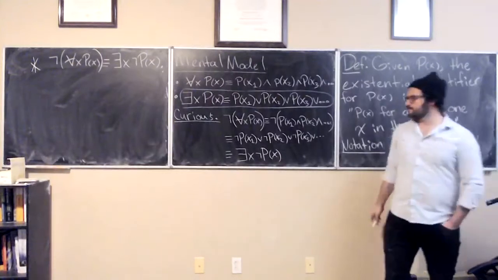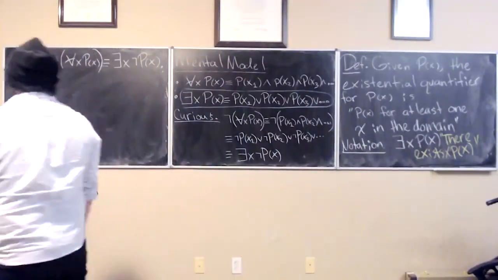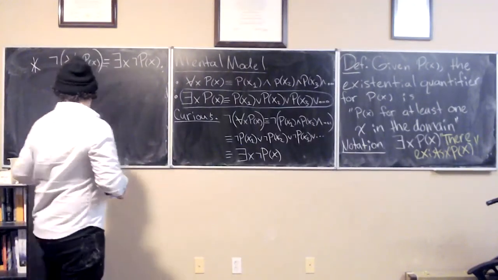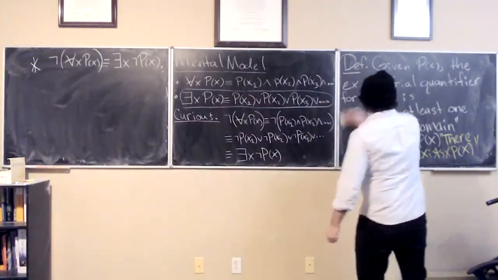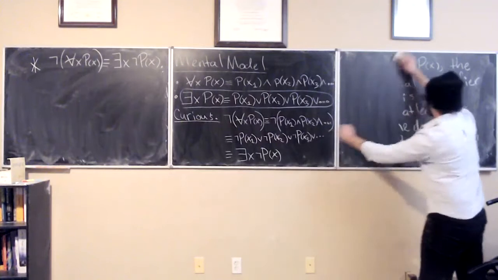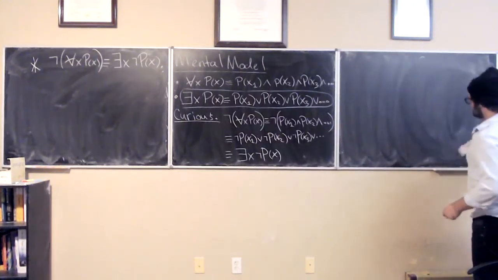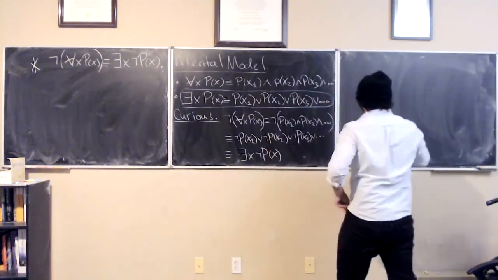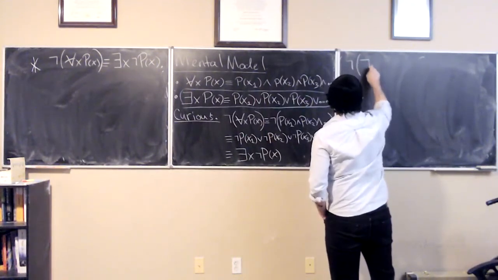So now, let's argue the next one first. That's the negation of the universal. What happens when we negate the existential?